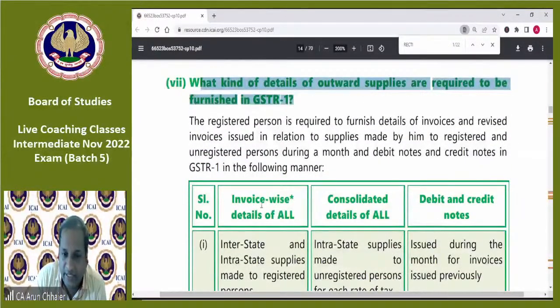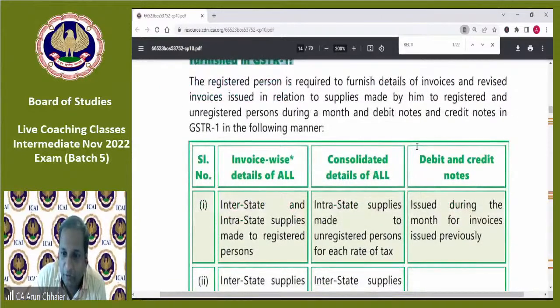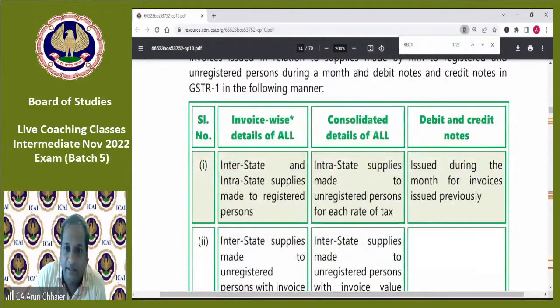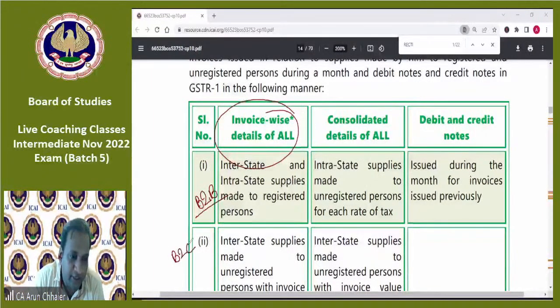See, invoice-wise details, consolidated details, and debit and credit notes. If it is a B2B transaction, you have to enter invoice-wise information. In case of B2C, only interstate supplies of more than 2.5 lakh have to be entered invoice-wise.